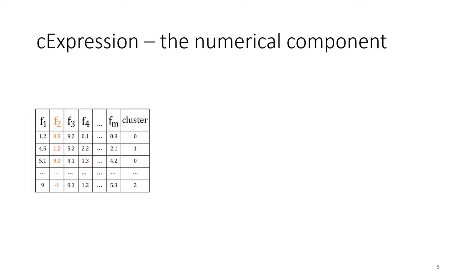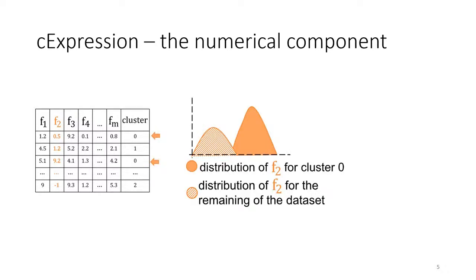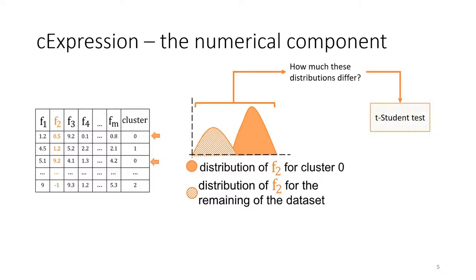So let's define the numerical component of our approach, C expression. Let's focus on F2 and cluster 0. We take the distribution of F2 for cluster 0 and the remainder of the dataset and ask the question, how much do these distributions differ? We use a t-test to answer this question, which returns a t-score and p-value.